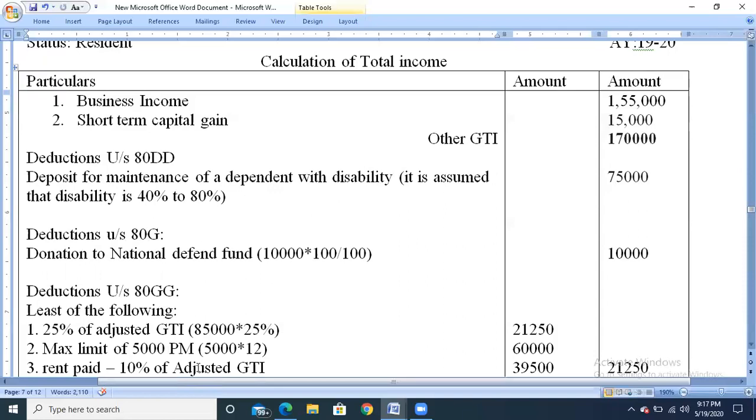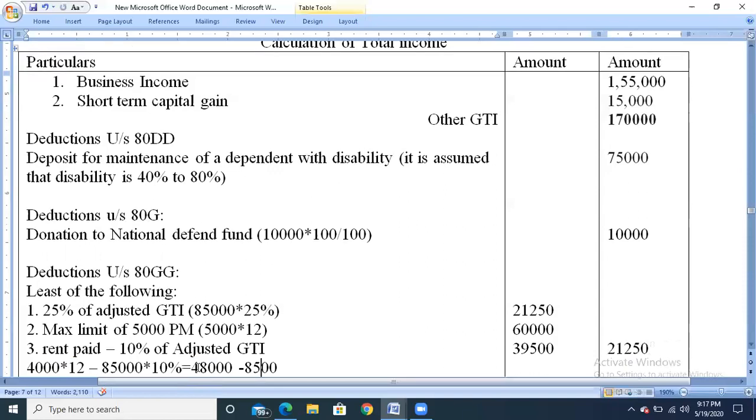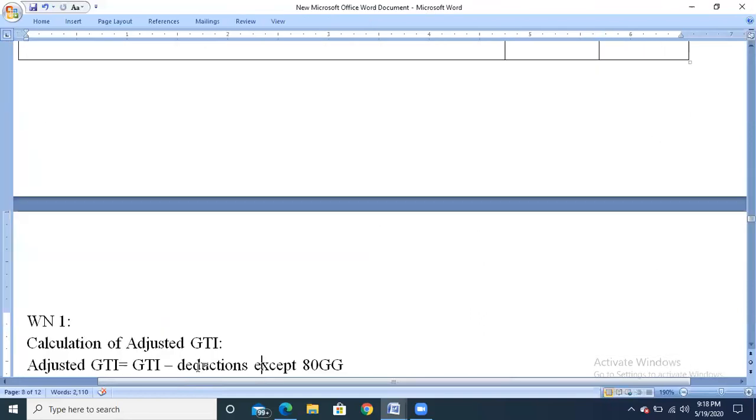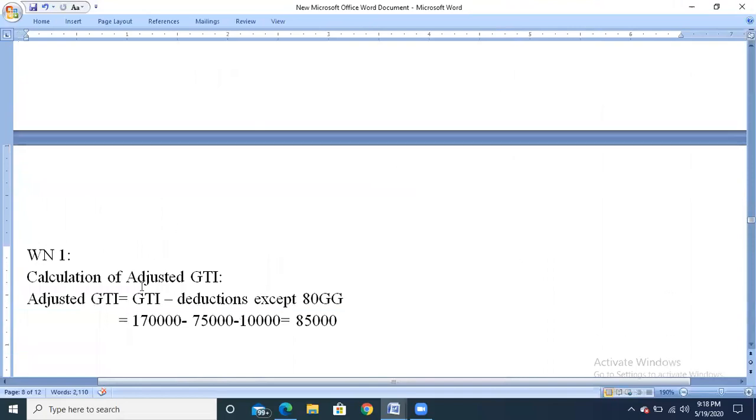First, we need to calculate the adjusted gross total income. We have taken the working note. Adjusted gross total income equals gross total income minus deductions except 80GG.